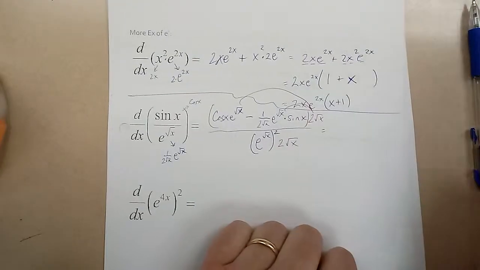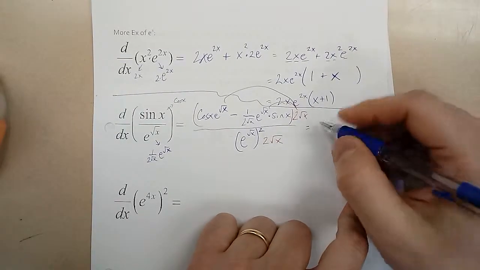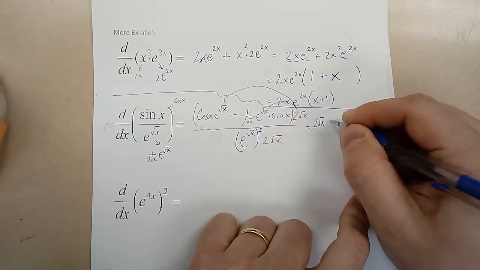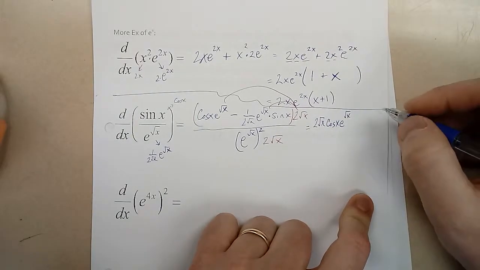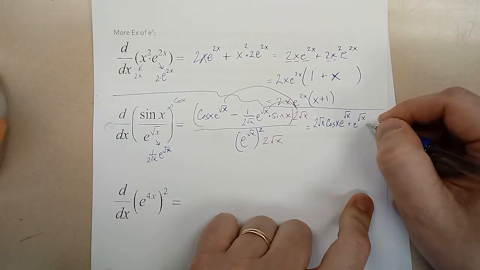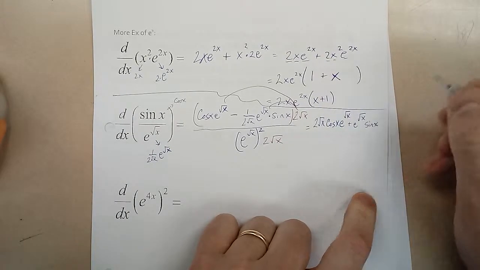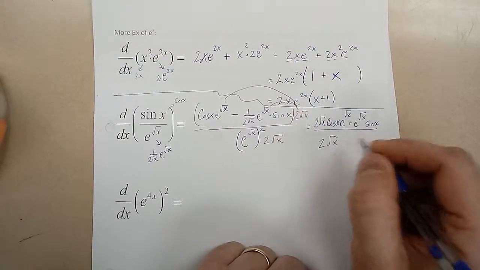Woof. All right. So that leaves us with 2 root x cosine x e to the root x. Mr. Canva, that's a big mess. I know. Plus e to the root x sine x, all over 2 root x.